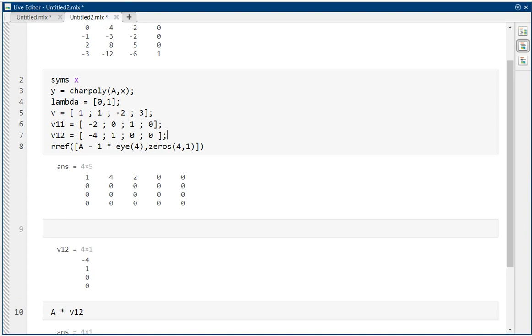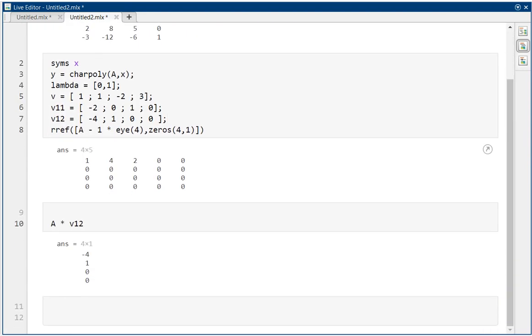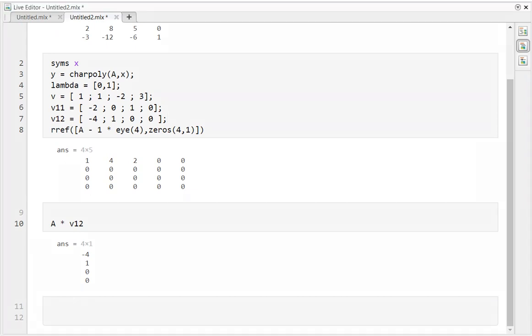Okay, and then the question is, what happens when we set these two free variables equal to 0? Well, then I get 1 equals 0, which is a problem, right?